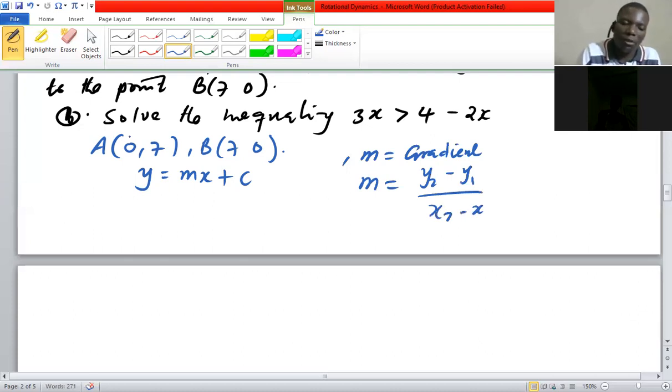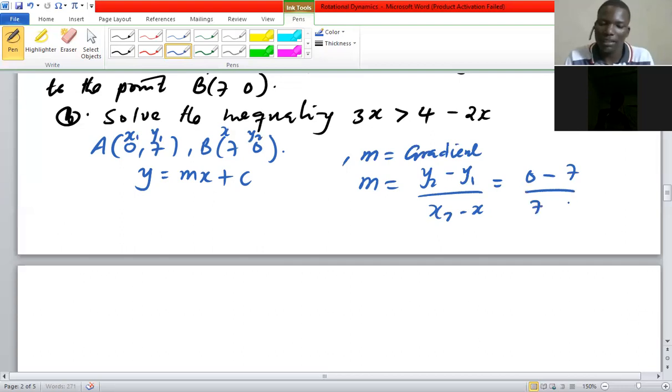Here point A is x1, y1 and point B is x2, y2. So we put in the values: 0 minus 7 over 7 minus 0, which is negative 7 over 7, so our gradient is negative 1.